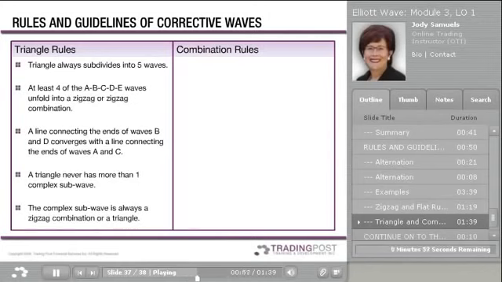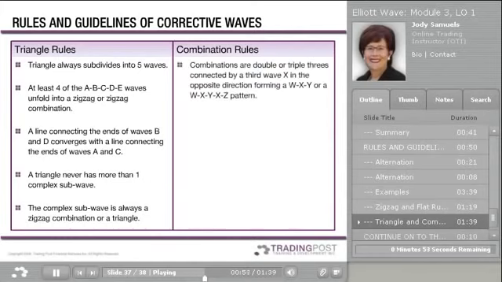And now for the combination rules. Combinations are double or triple threes connected by a third wave X in the opposite direction, forming a WXY or WXY-XZ pattern. A double or triple zigzag consists of 2 or 3 zigzags connected by the X wave.